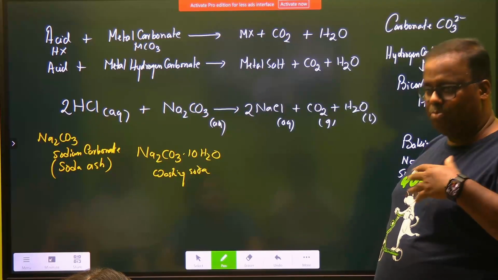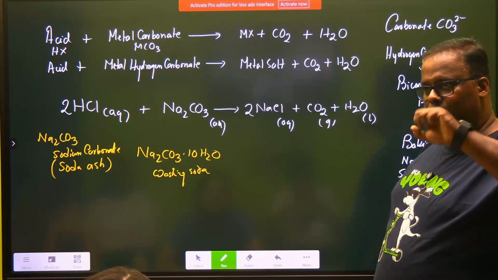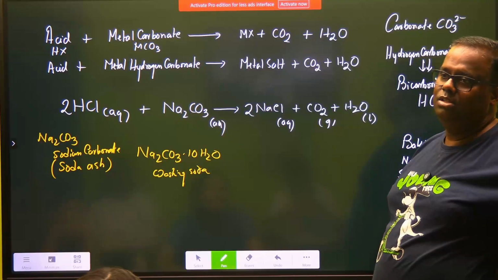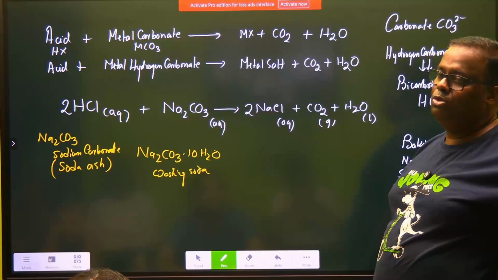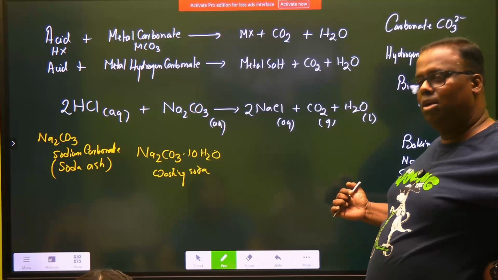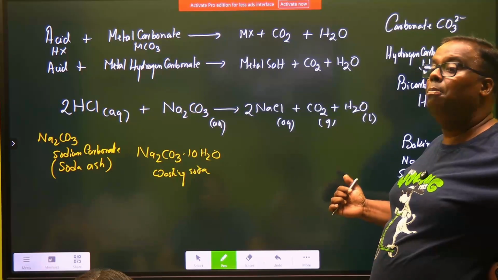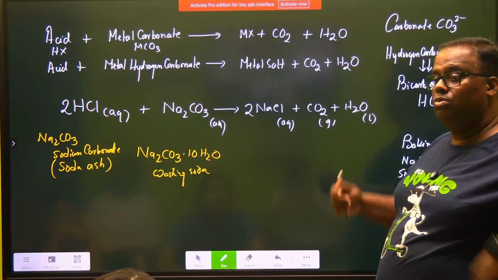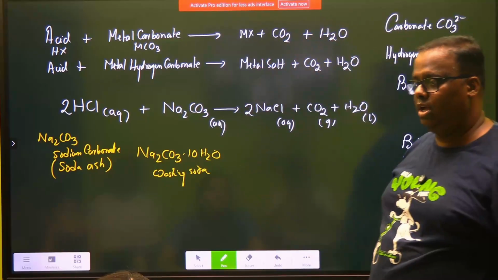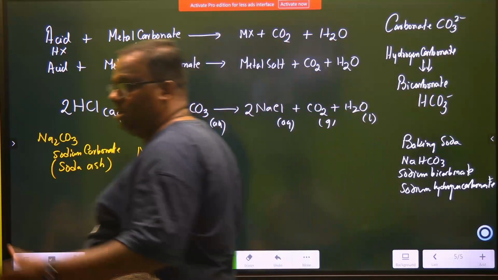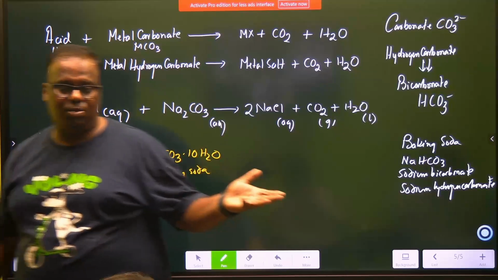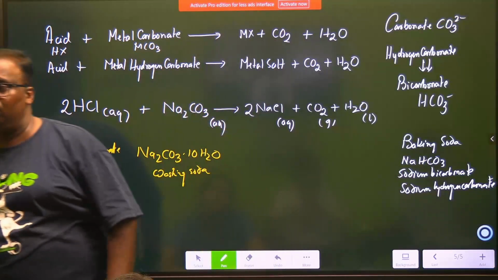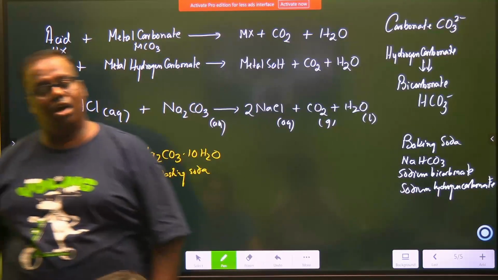We keep Eno at home, and whenever we make bhaturas, we make that maida dough using Eno. Eno is sodium bicarbonate, so it's acting like baking soda. It will immediately create carbon dioxide and puff up. But bhatura does not undergo that much temperature. Cake undergoes high temperature for a long time. So if you use soda for making cake, it will make it bitter and hard.